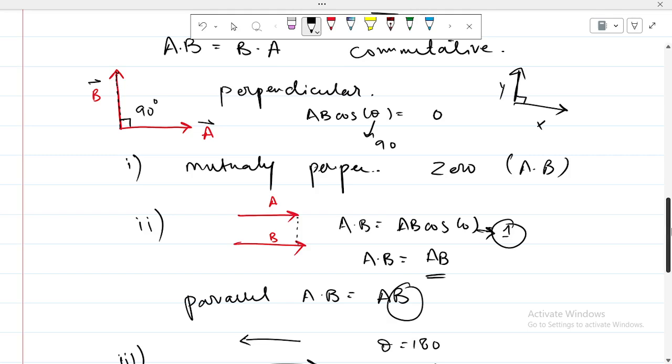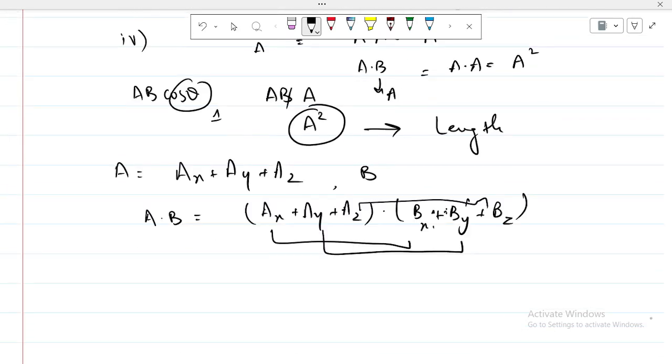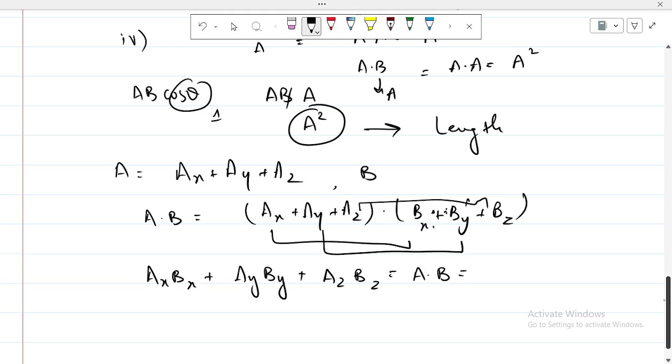That's why they go to 0. So whenever we're taking a dot product, the only terms that survive are the ones where the same components multiply. So A dot B is going to be ax bx plus ay by plus az bz, which is equal to A dot B, or simply AB cos theta.